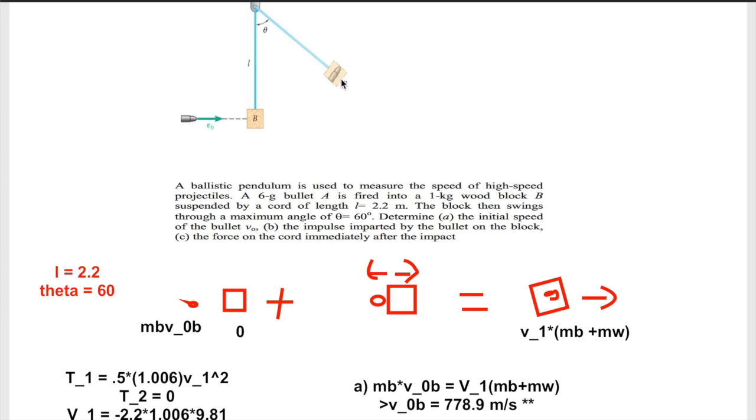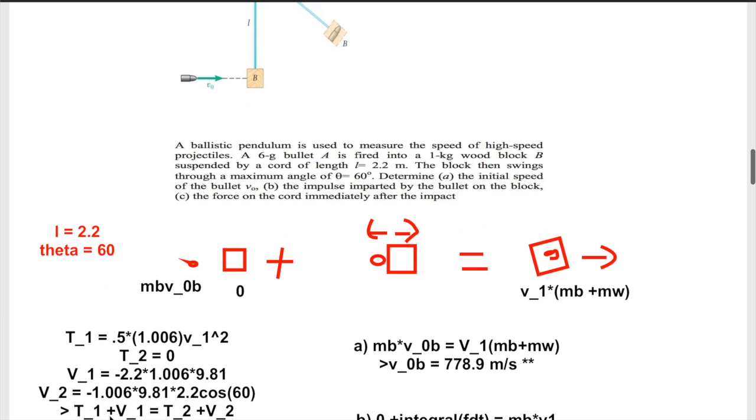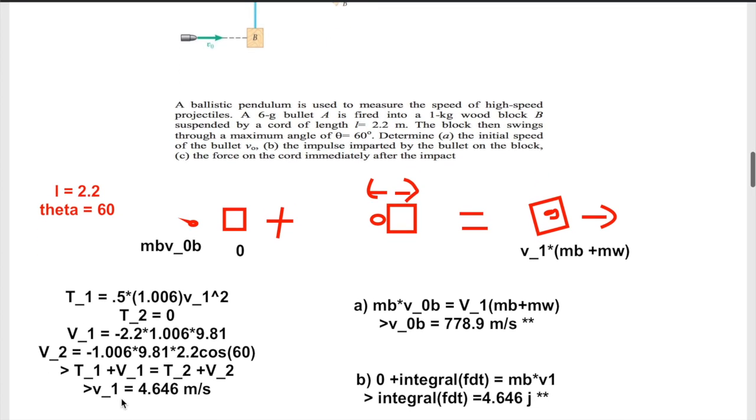Then we do the same thing for this point B: the mass, gravity, and the 2.2 times cosine at that max theta of 60. Then we know that the kinetic energy at point 1 plus the potential at point 1 has to equal the kinetic at point 2 and the potential at point 2. We can solve this to find the velocity 1 here.